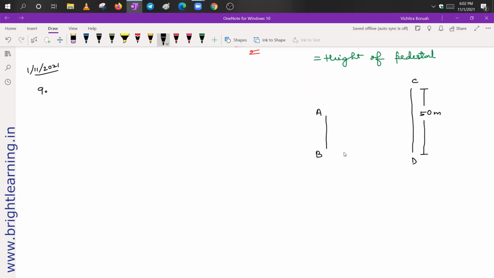Now next we are given, suppose this is the ground. The angle of elevation from the foot of the building to the top of the tower is 60 degree, and the angle of elevation from the foot of the tower to the top of the building is 30 degree. So here we have to find the height of the building.